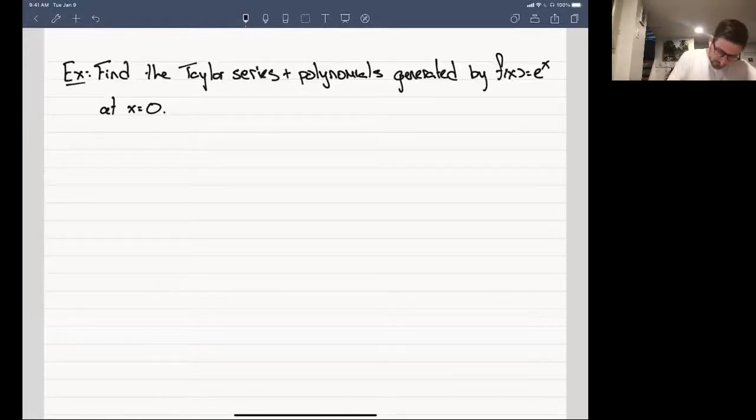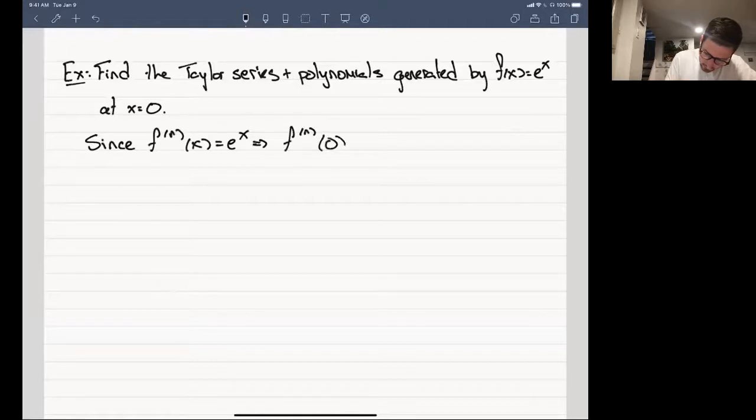So let's first note here that since every derivative of this function is equal to e to the x, this implies that if you evaluate all of the derivatives at 0, you always get 1 for every n greater than or equal to 0.